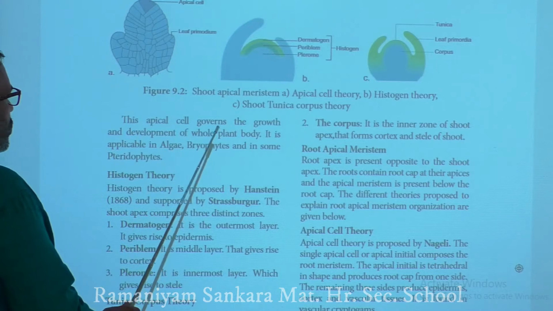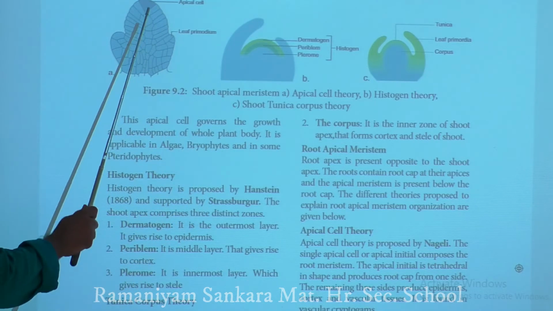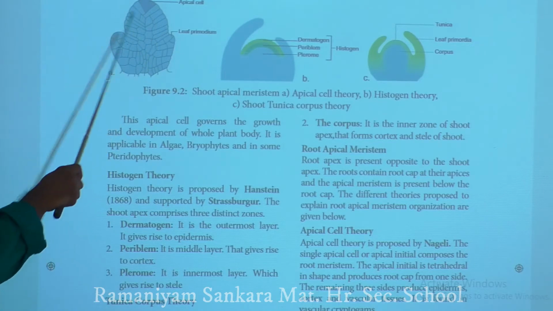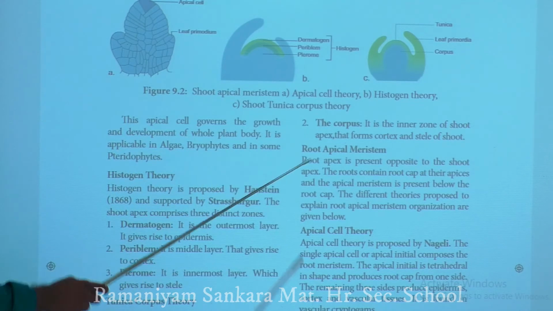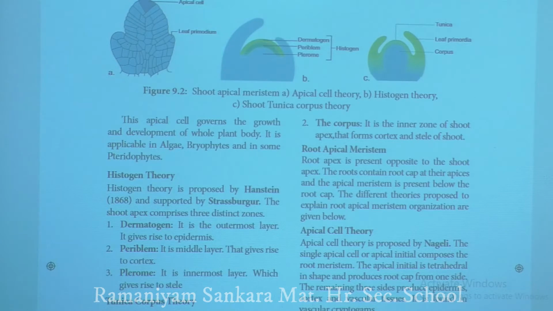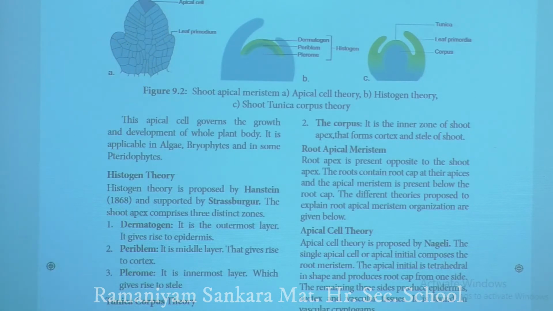These apical cells govern the growth and development of the whole plant body. It is applicable in algae, bryophytes and some pteridophytes. That is called the apical cell theory.